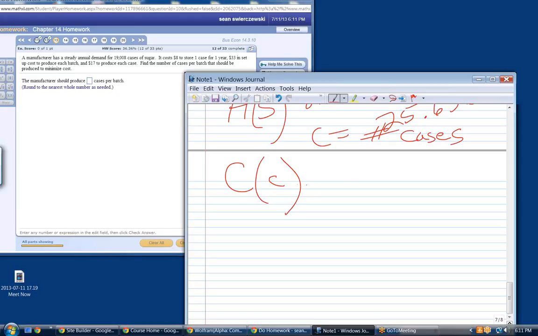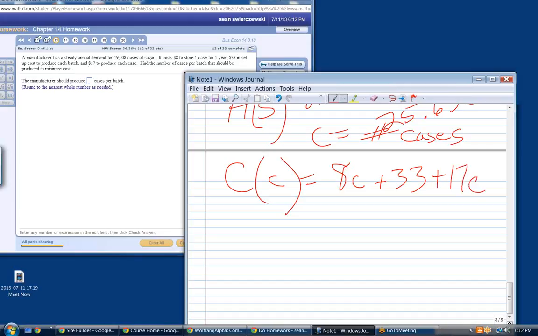So the cost based on the number of cases is 8C plus 33, the setup cost to produce each batch, and 17 to produce each case, plus 17C.